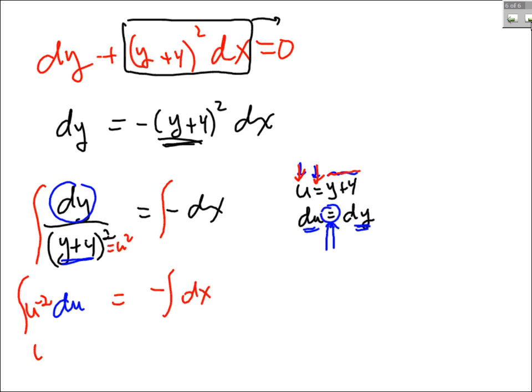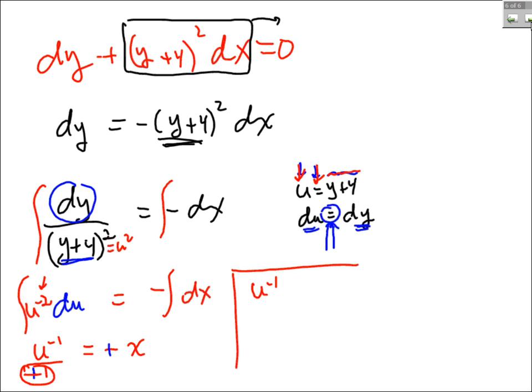Now this integral is u to the negative 1 divided by negative 1. I added 1 to the power, and this time I divided by that power. On the other side, I get negative x. Well, I can quickly change the sign of both sides. So what that last line now says is u to the negative 1.